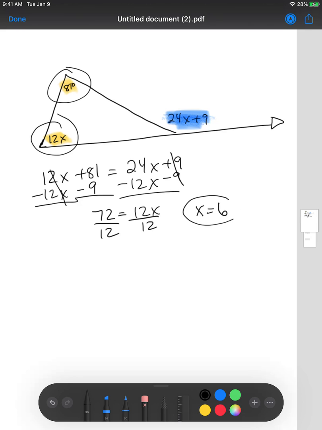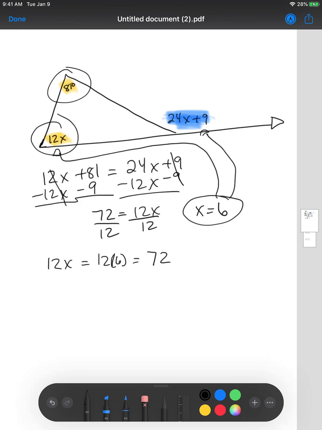So I'm going to take x and plug it back in to where I need to figure out. I'm going to start with 12x, which is 12 times 6. And 12 times 6 equals 72. All right, so this angle is 72.